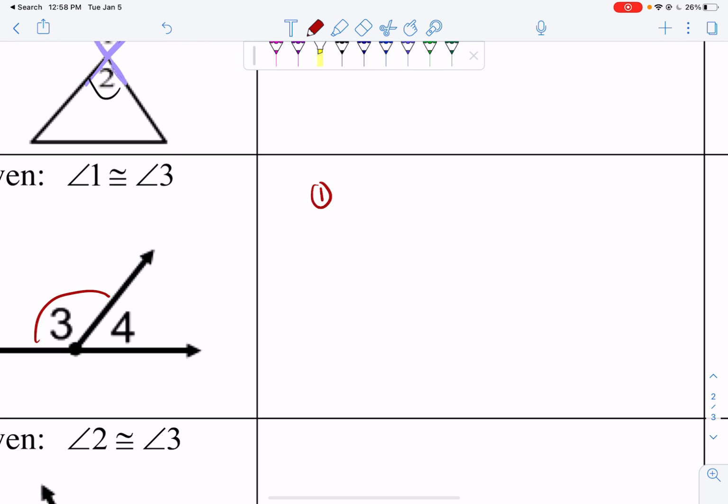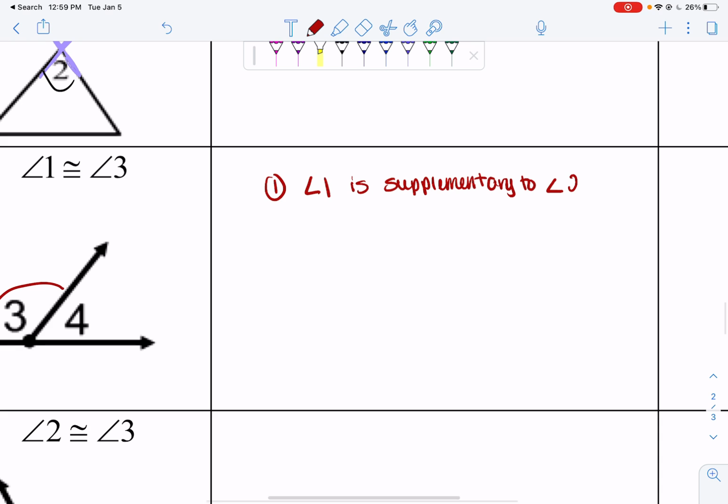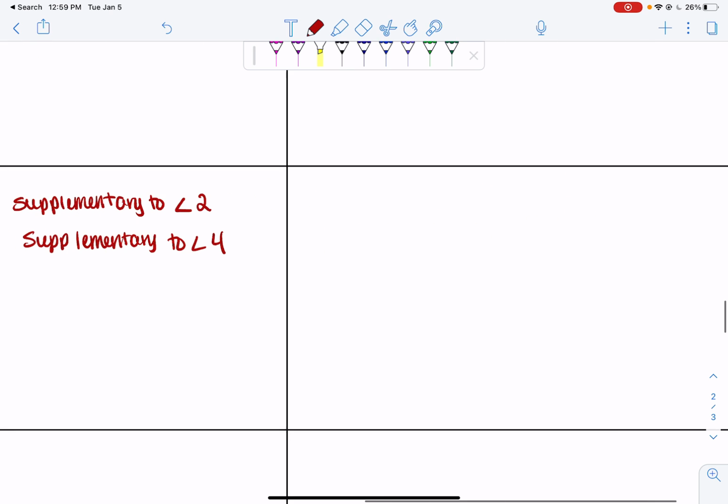So the first thing we can say is angle 1 is supplementary to angle 2, and then angle 3 is supplementary to angle 4. The reasoning is linear pairs create supplementary angles.